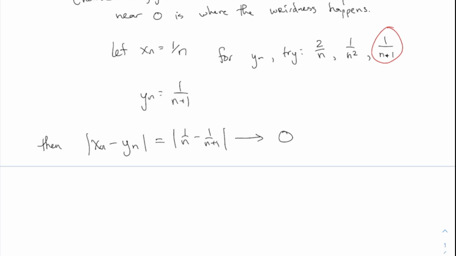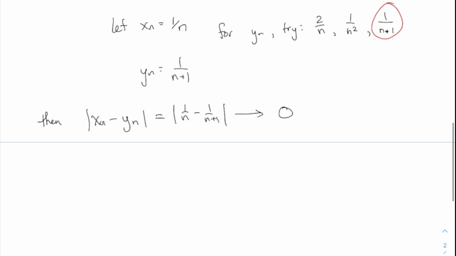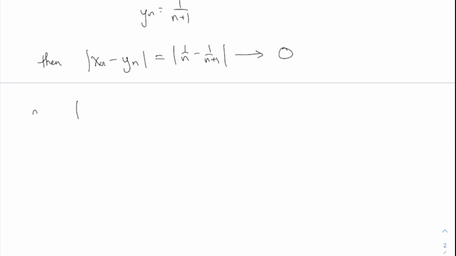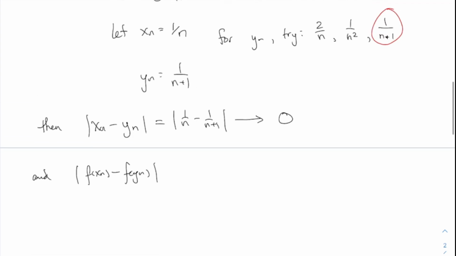Okay, that's good, right? We need this to go to 0. The next part is the more interesting part. We need f of xn minus f of yn to not go to 0. And this is the part which may or may not work out depending on which of these various options or variations on the y's you choose.